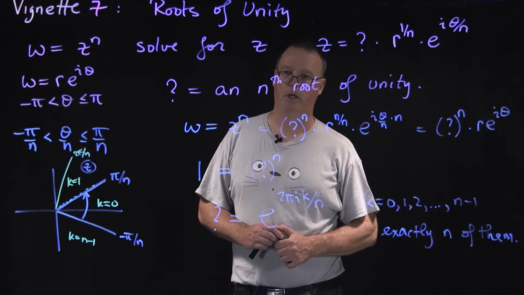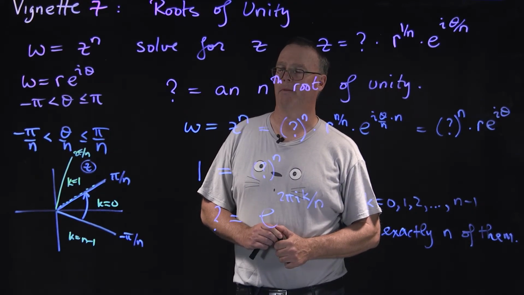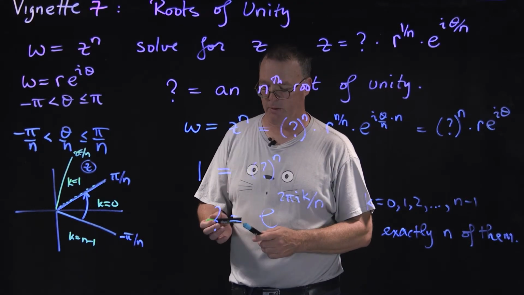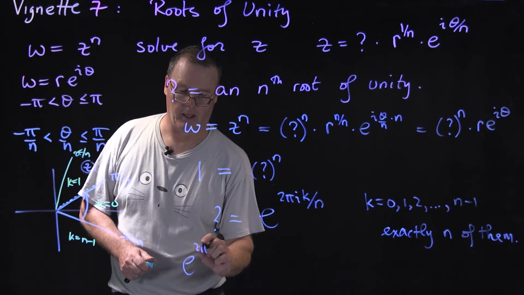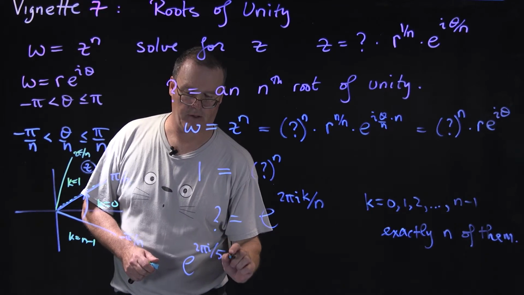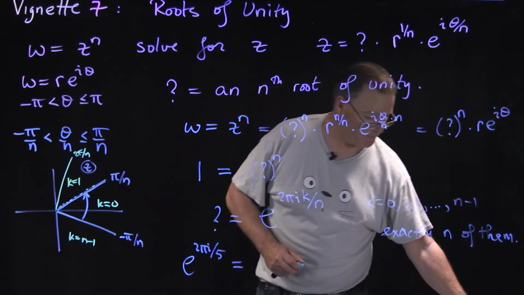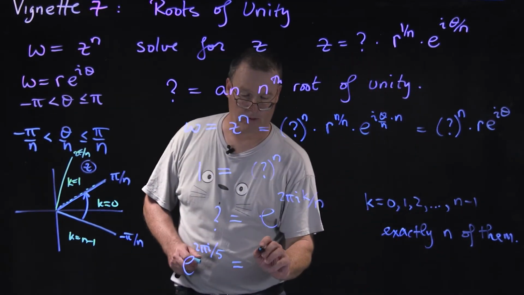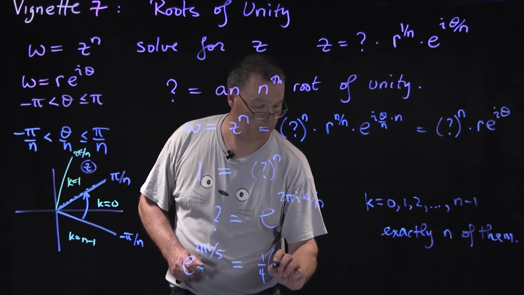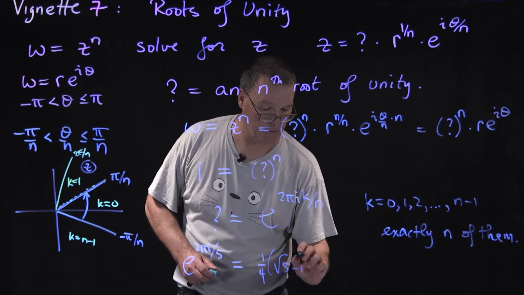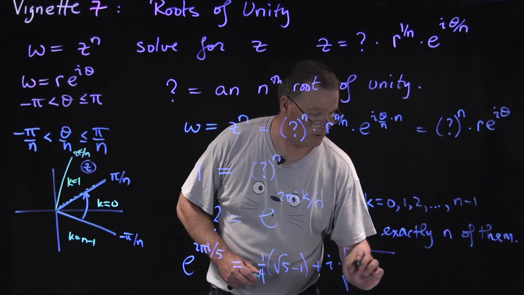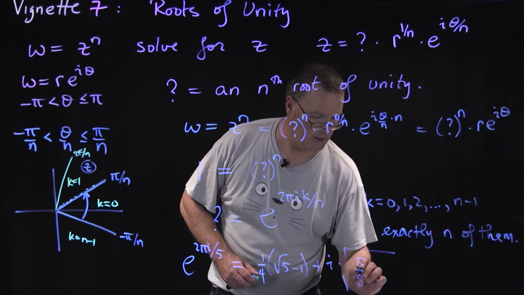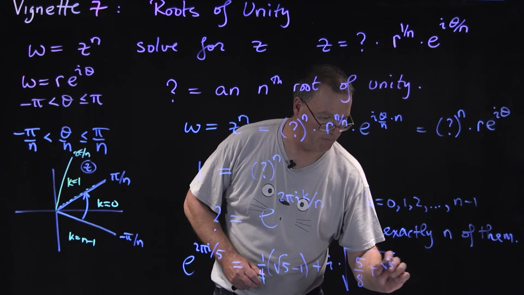The fifth roots of unity nobody knows off the top of their head, but for example, Wolfram Alpha knows that e to the 2 pi i over 5 is 1/4 times the square root of 5 minus 1 plus i times the square root of 5 over 8 plus the square root of 5 over 8.